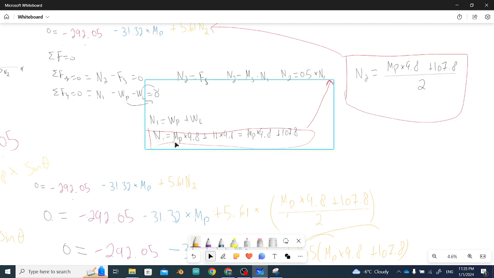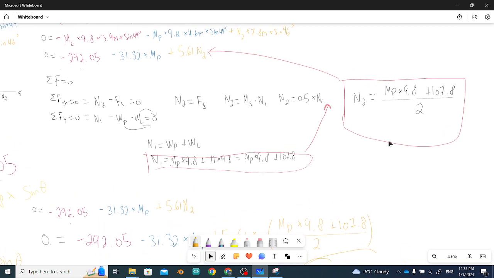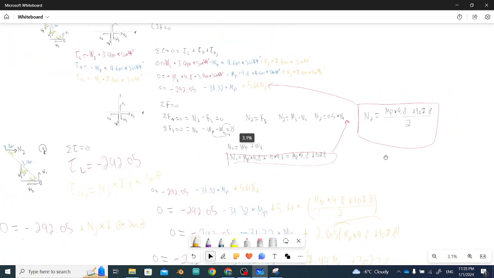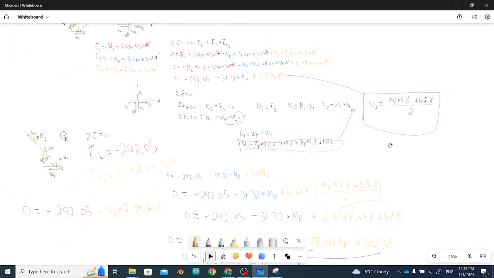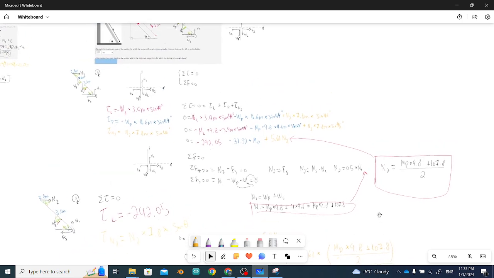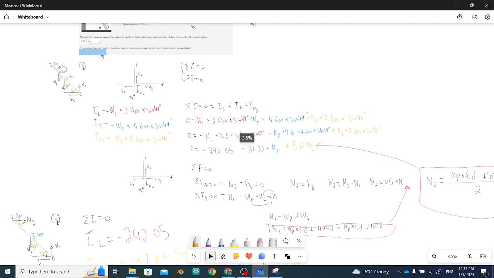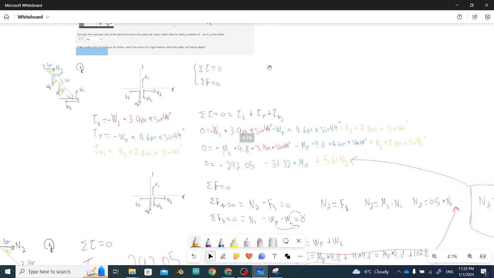N1 is equal to the mass of the painter times 9.8 plus 11 times 9.8. We found this with the free body diagrams, so this doesn't change. But now, if the painter does not stand on the ladder, what's the minimum angle?